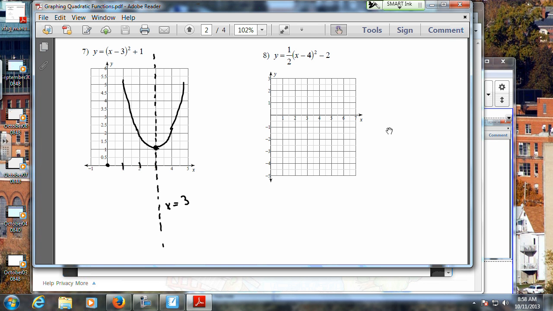And that vertical line, x equals 3, because there's no y in it, you might think of as saying x equals 3 no matter what y is. X is 3 when y is 1, or y is 0, or y is 2. It doesn't matter. All possible values of y generate the terms on that vertical line. So that's the axis of symmetry. That's a value that's kind of nice to know.